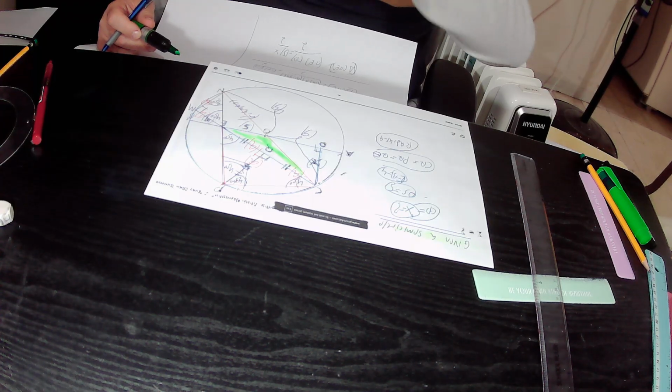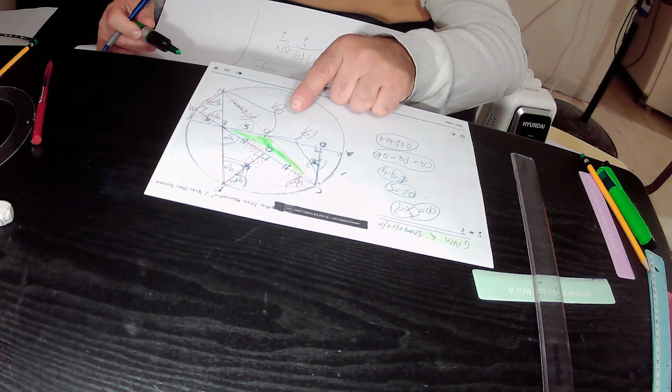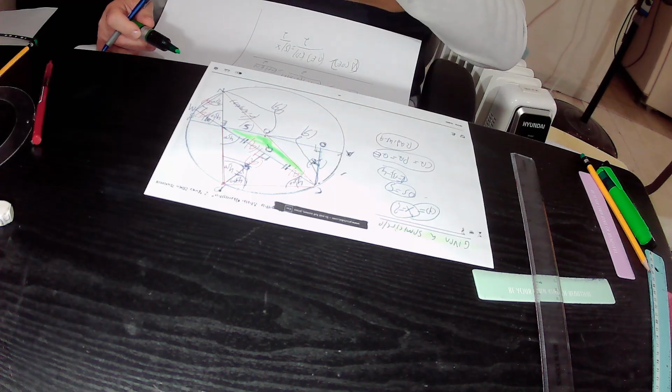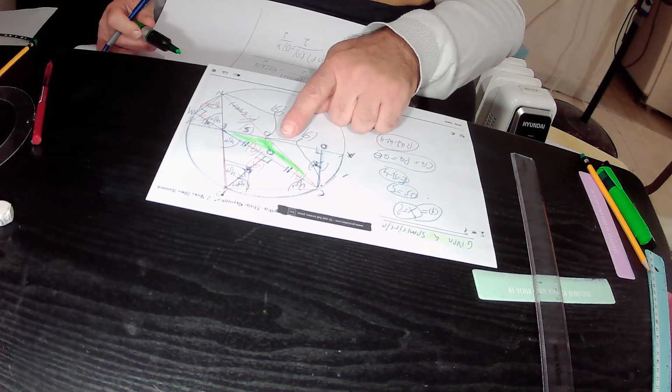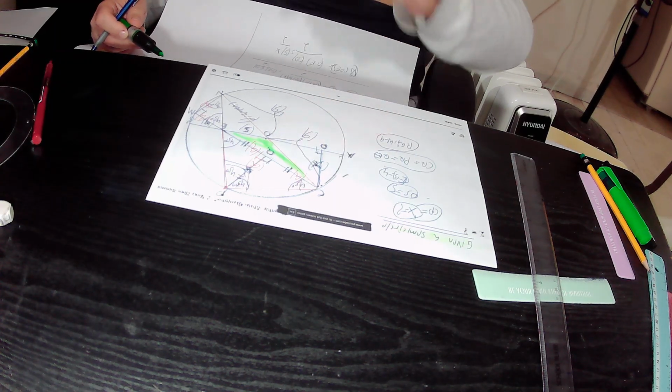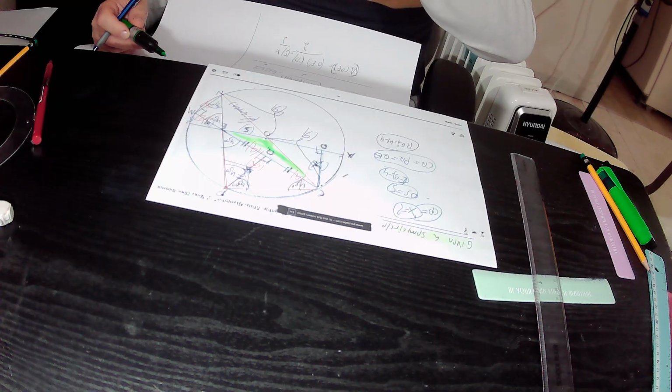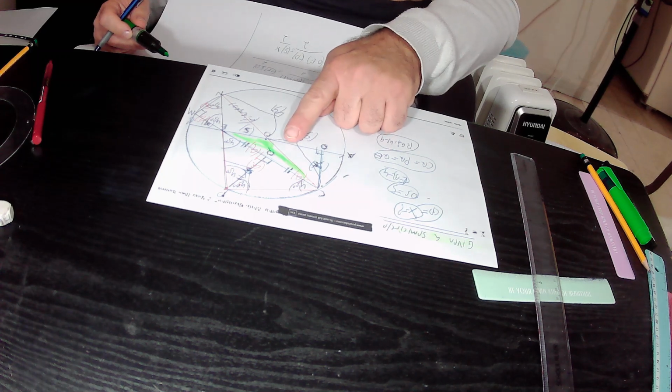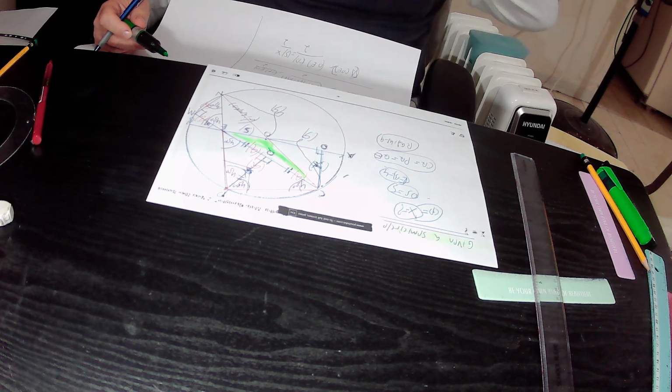Actually, the area of this right triangle COE equals 5x over 2. But we can calculate the area of this right triangle COE in a different way.